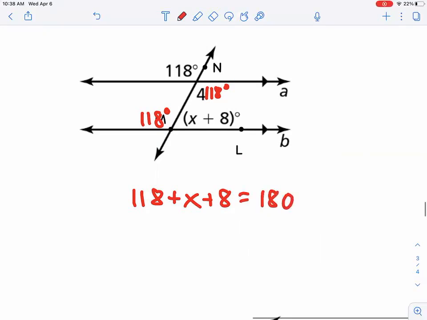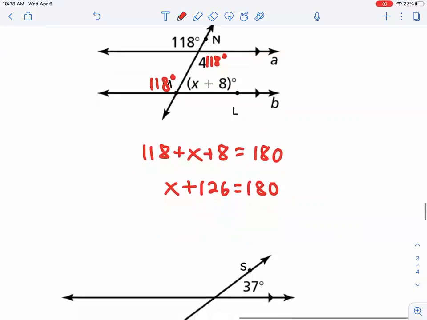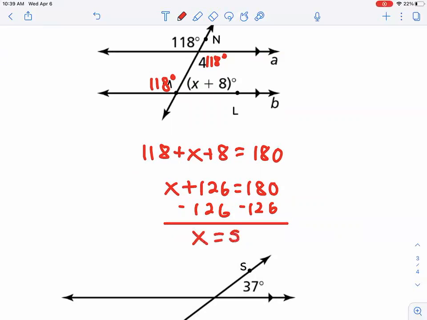Because they make a straight line, they have to add up to 180. So 118 plus 8, I'll add those on the left side first. That's 126. So x plus 126 equals 180. And I subtract my 126 from both sides. X comes out to be 54 degrees.